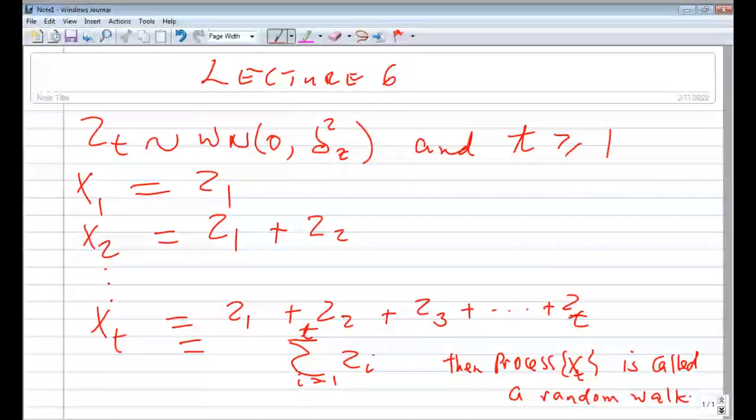Are we together? And it must be noted that a random walk is always non-stationary.